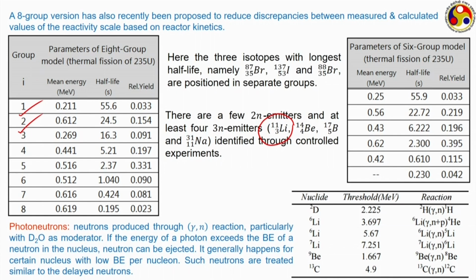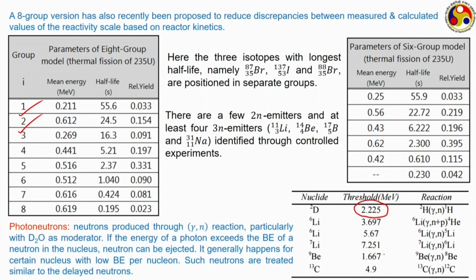For deuterium, the binding energy per nucleon is a very small number, just 2.225 MeV, and whenever it is hit by a gamma photon of energy something like 2.23 MeV or 2.3 MeV, it will lead to the ejection of 1 neutron and the deuterium gets converted to normal hydrogen.